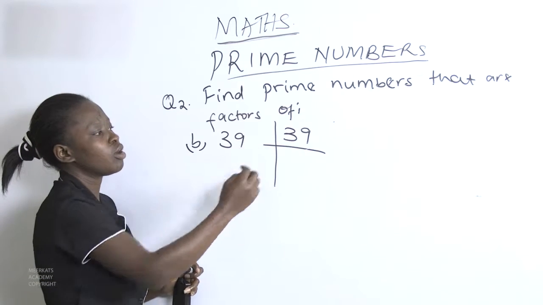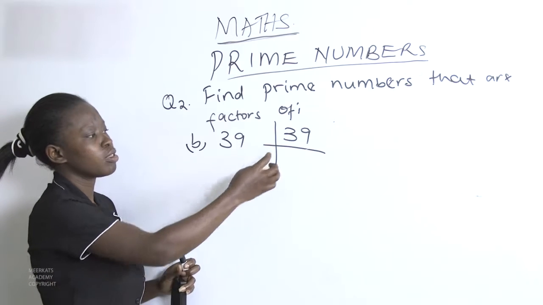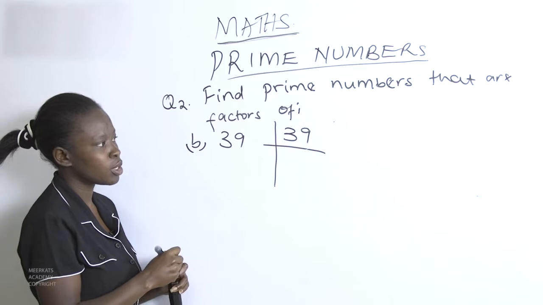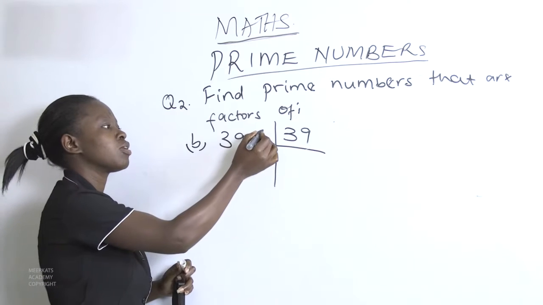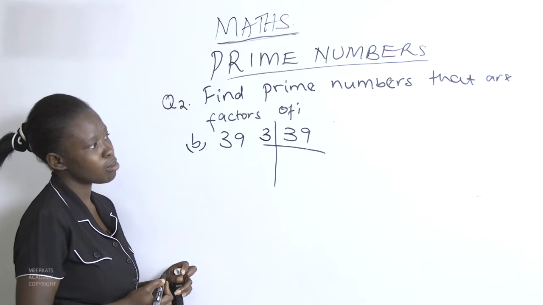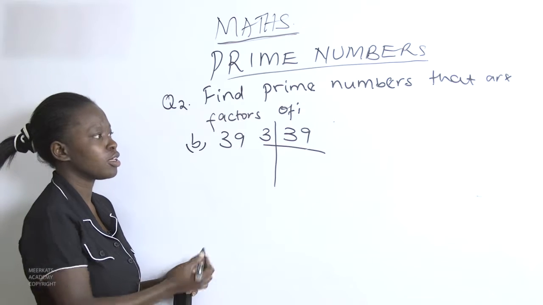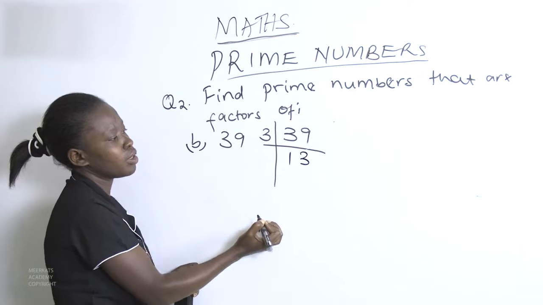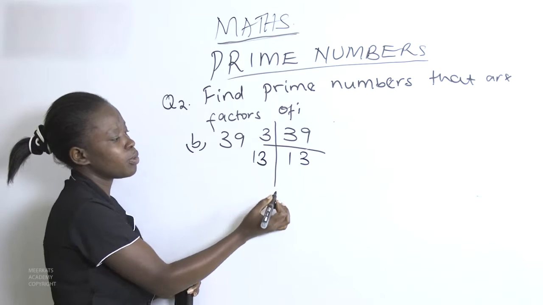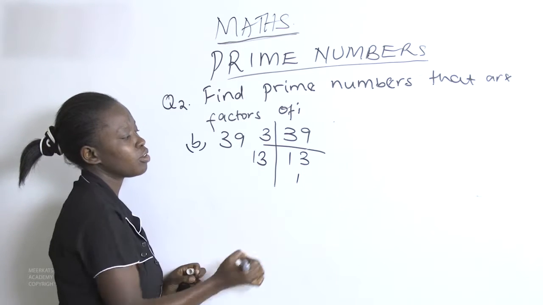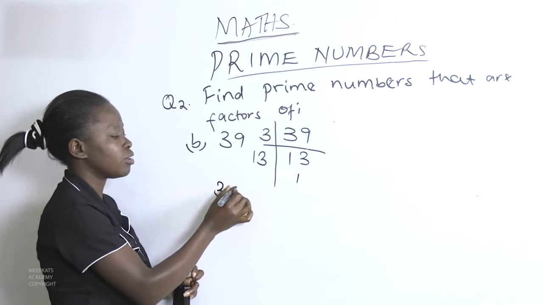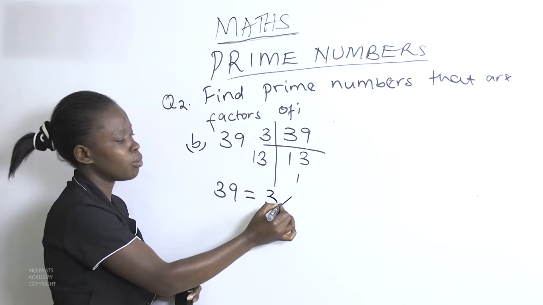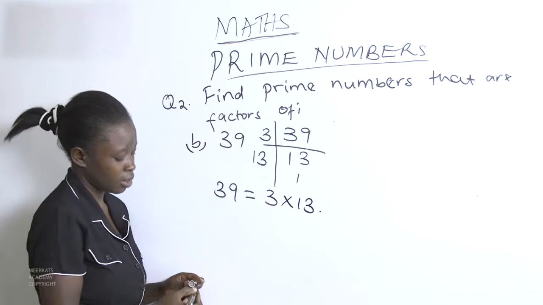To find out if this number is divisible by 3, simply add 3 plus 9 is 12, and 12 is divisible by 3. So our first prime number in this case is 3. 3 into 39 we have 13. 13 is the next prime number. 13 into 13 we have 1. So the prime numbers making up 39 are 3 multiplied by 13.